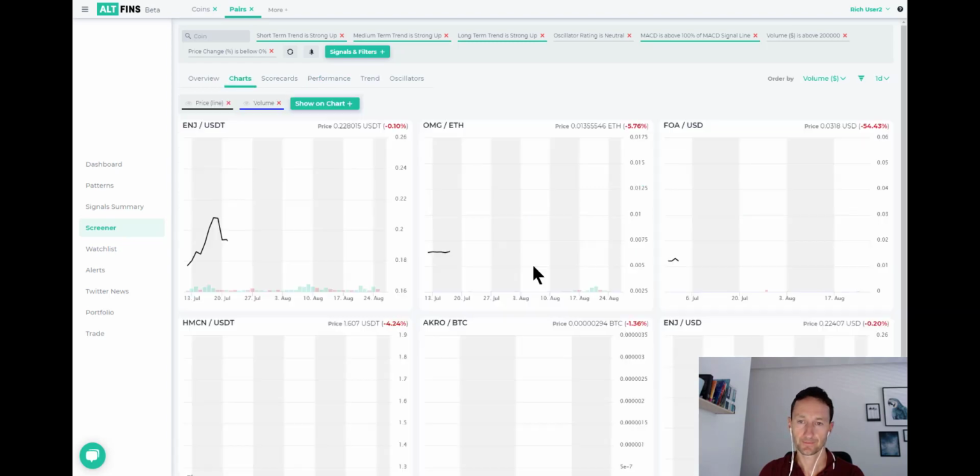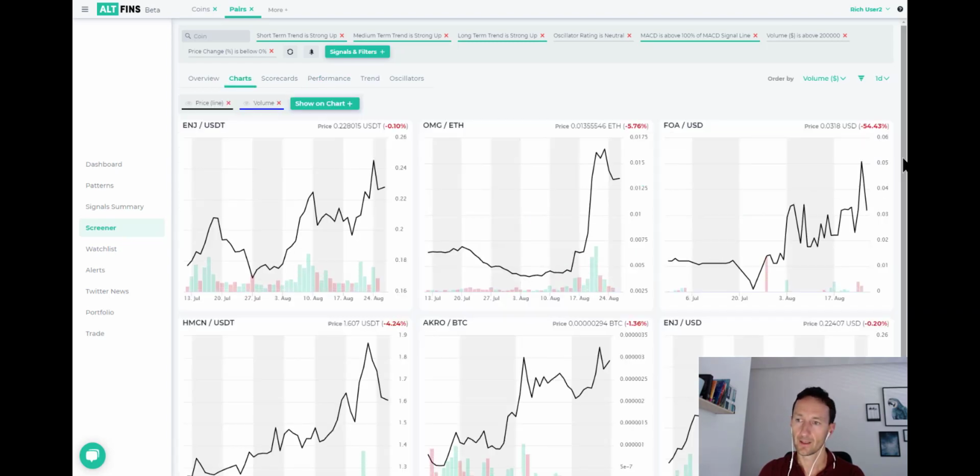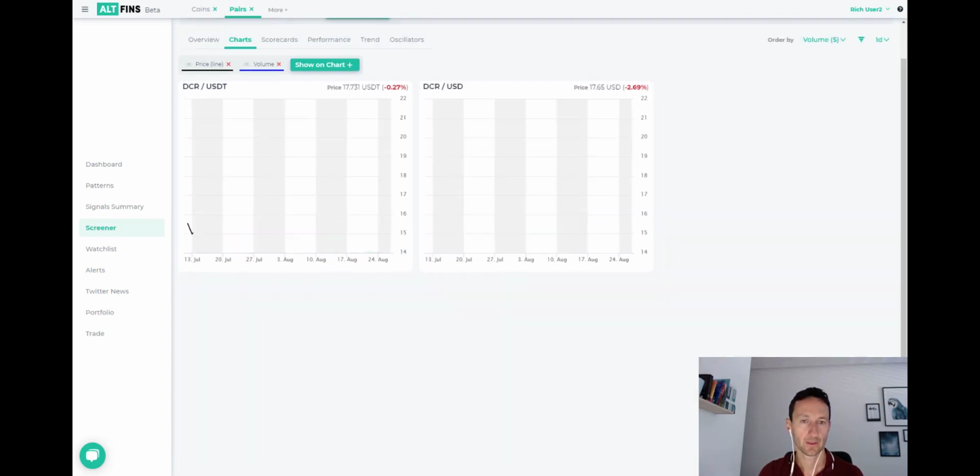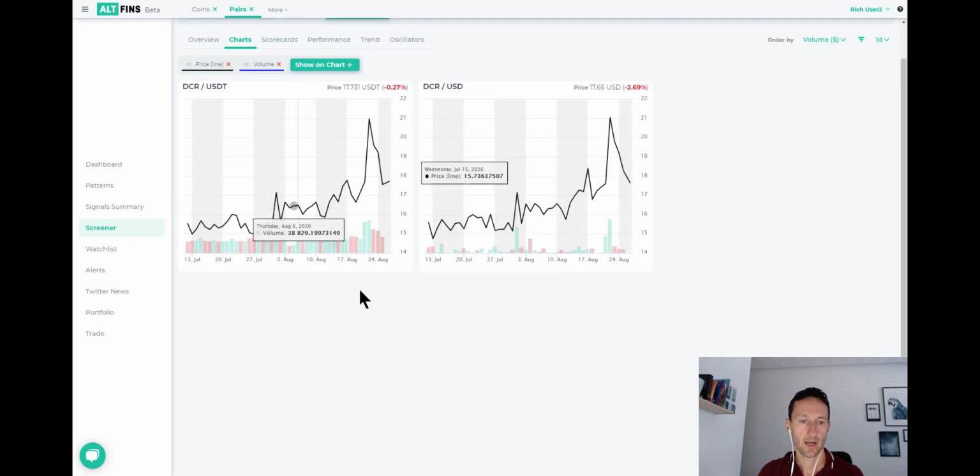Let's look at the charts. Not surprisingly, again, the charts are indicating that all of these are in a strong uptrend. Okay, I like this one right here. I believe this is Decred versus Tether.